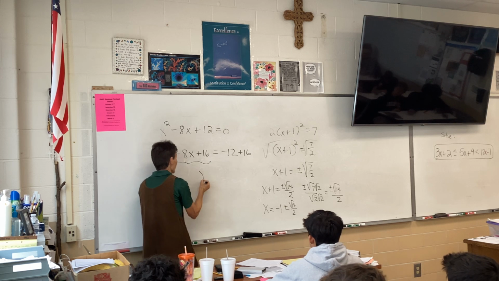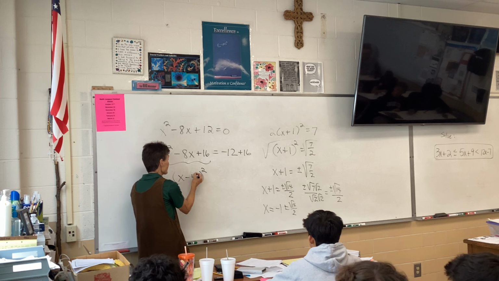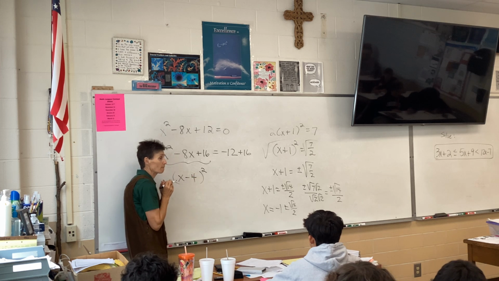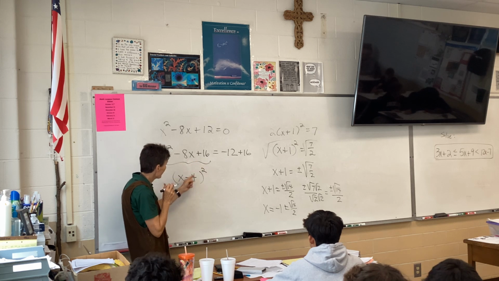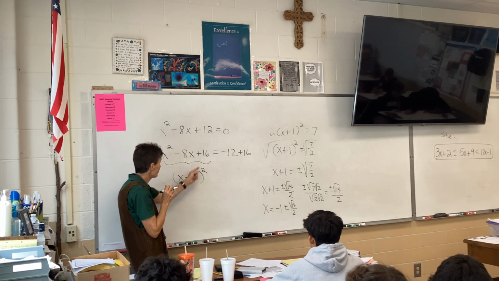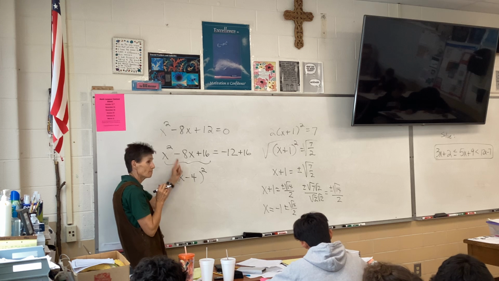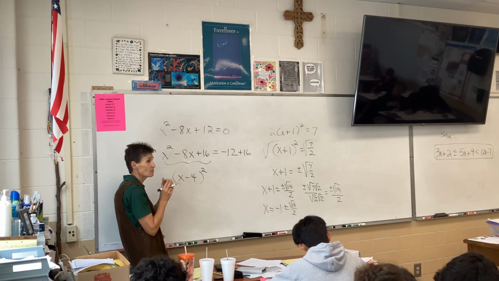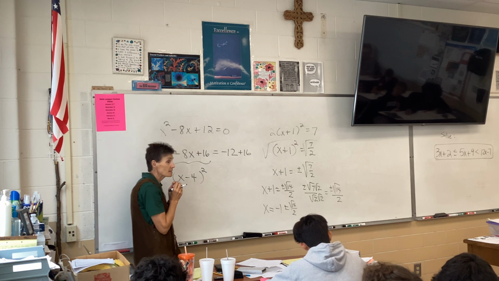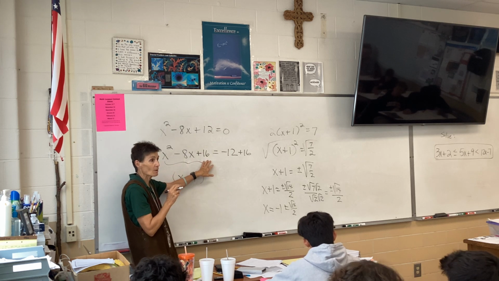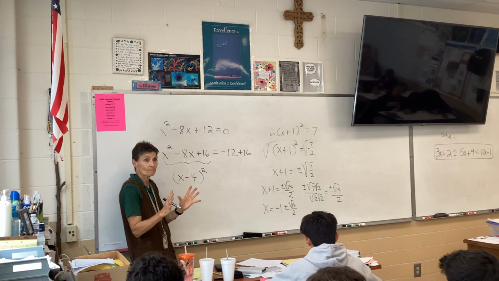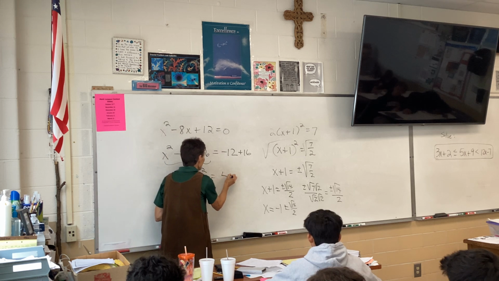This is a perfect square, x minus 4 times x minus 4. Hence the name completing the square. We found a number to make this a square. So that equals 4.